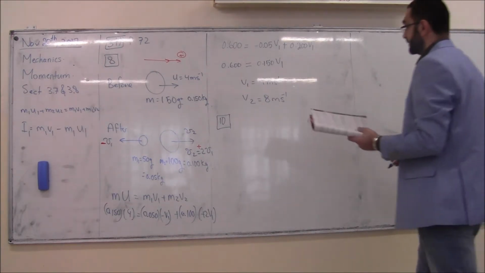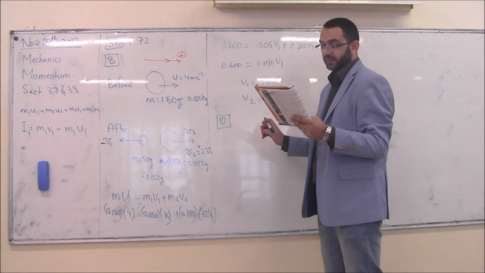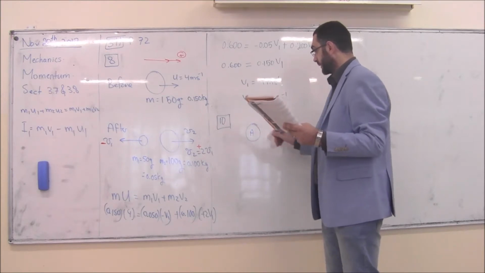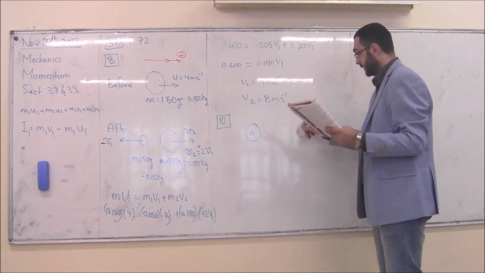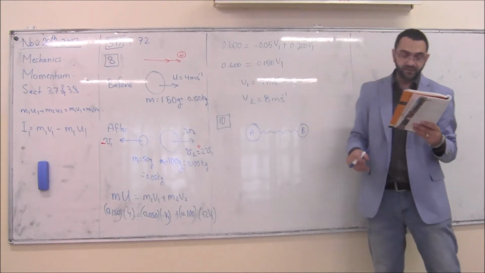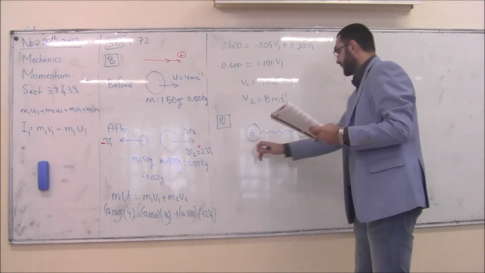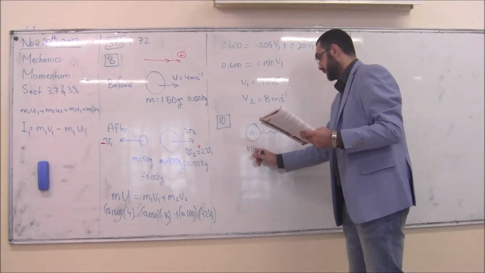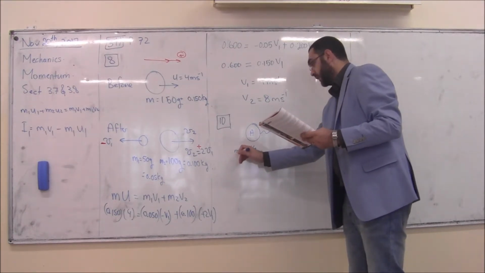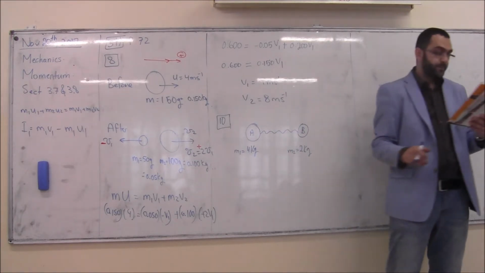I will give you time to complete your copies. A is 4 kilograms, B is 2 kilograms. Let's say this is M1 and this is M2.